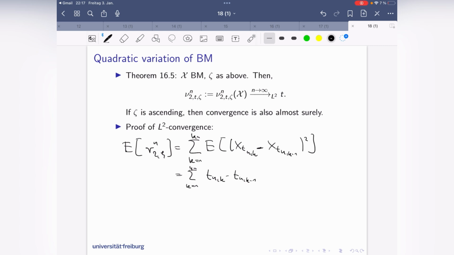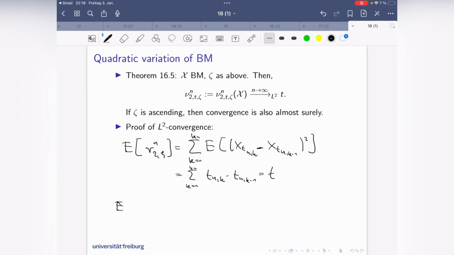And of course, that's a telescope sum, which amounts to t. So the last t_{n,k} here is t, and the first one is 0. So that's the expectation.